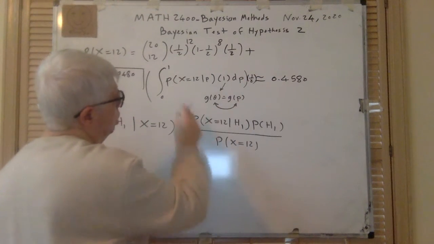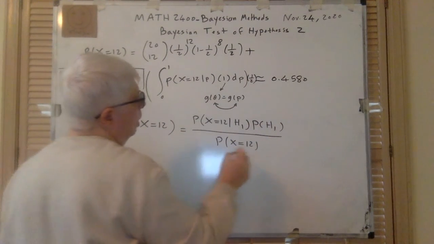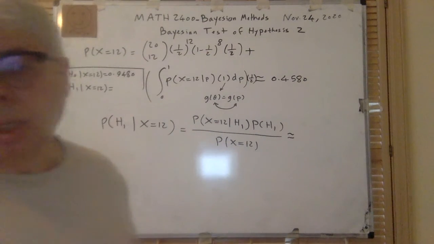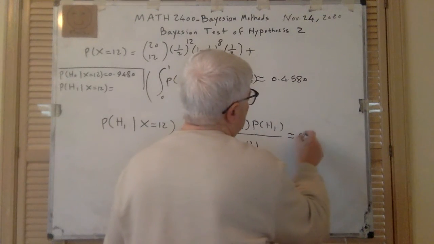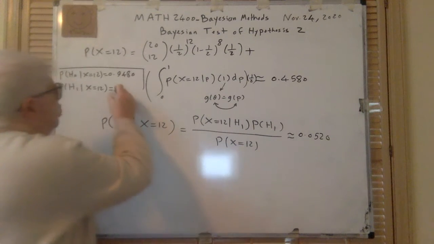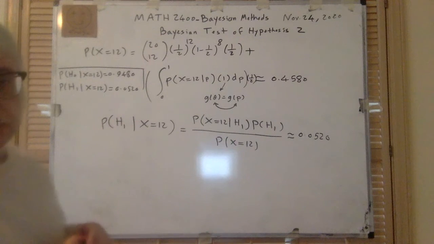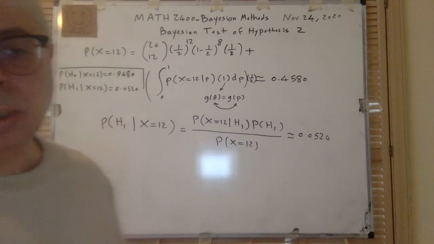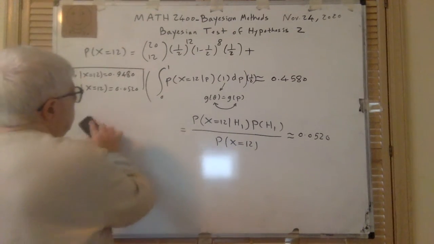So this whole thing times 1/2 divided by that is almost 0.052, 0.0520. Okay, so I'm ready to find that Bayes factor. So let me erase all of these things.